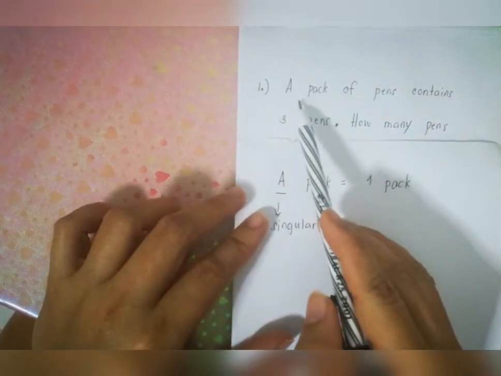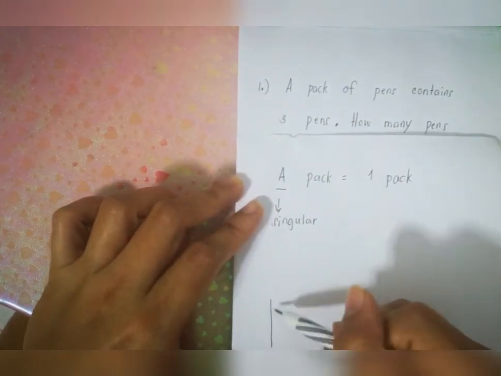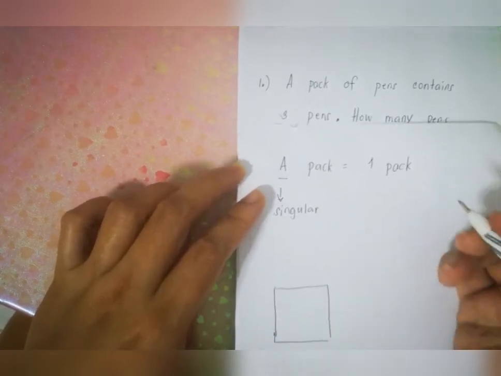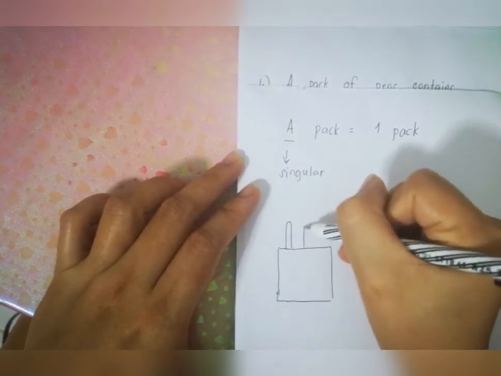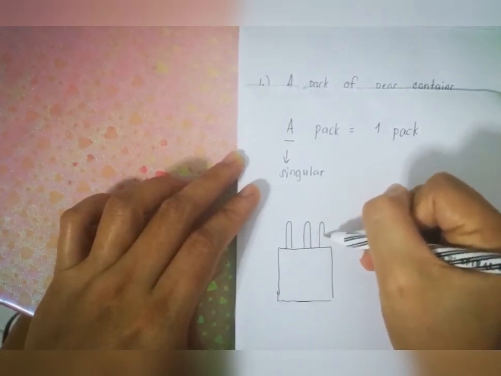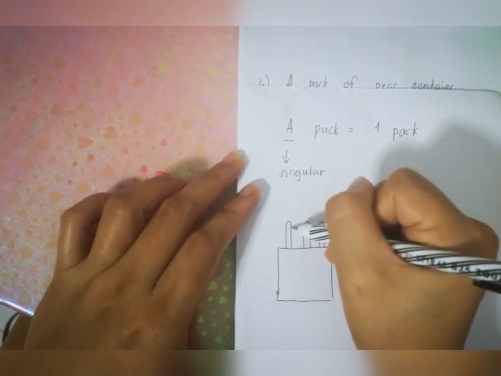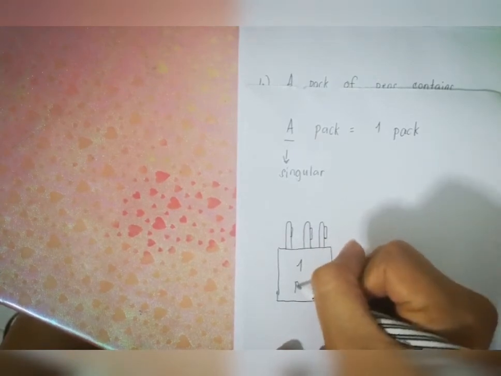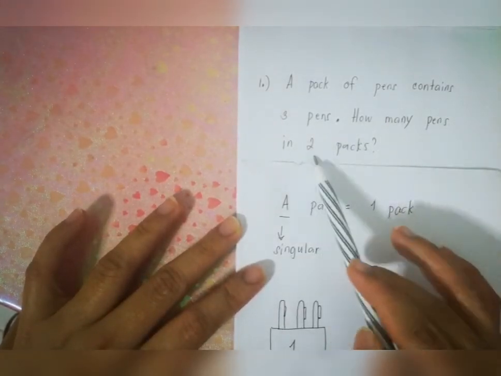So a pack of pens contains 3 pens. That means in 1 pack, there are 3 pens. Imagine this is a pen. So this is 1 pack. And then the question is, how many pens in 2 packs?